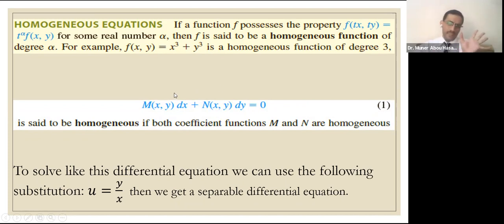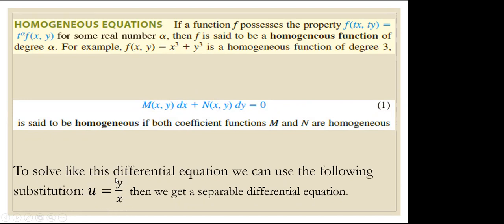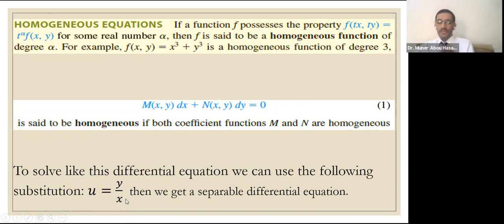The same substitution, u equals y over x, can be used to solve this equation in this form. But this equation, to be solved using this substitution, must satisfy a specific condition. So now you learned that this substitution can be used to solve y prime equals f of y over x.